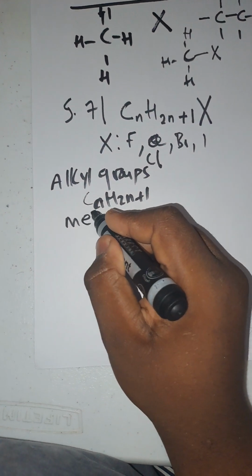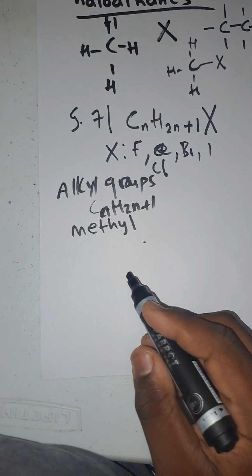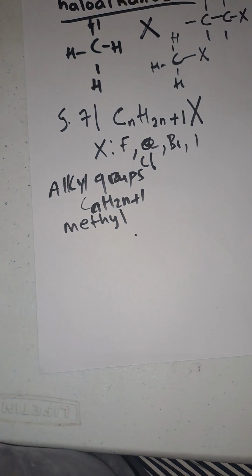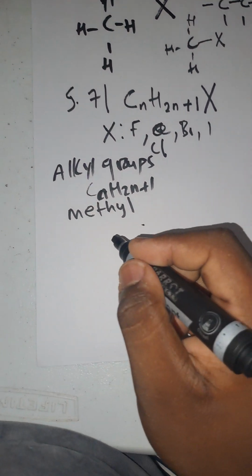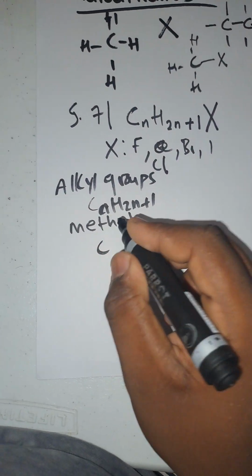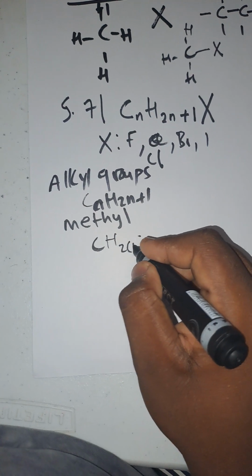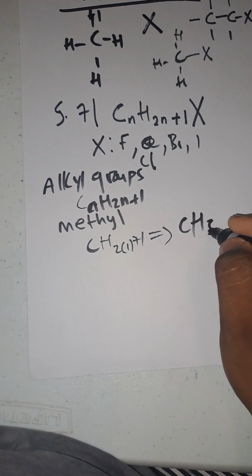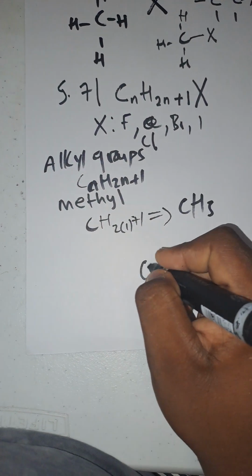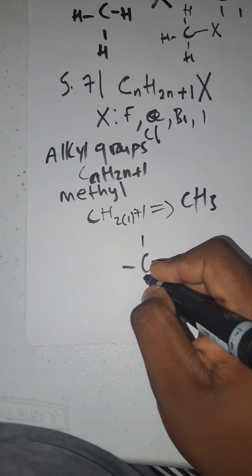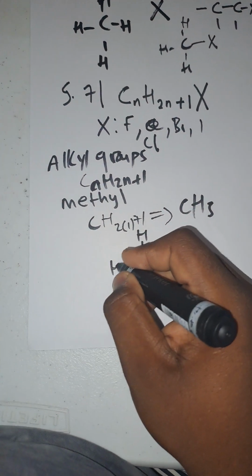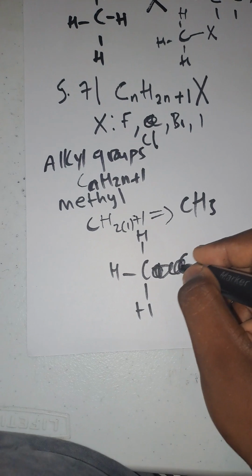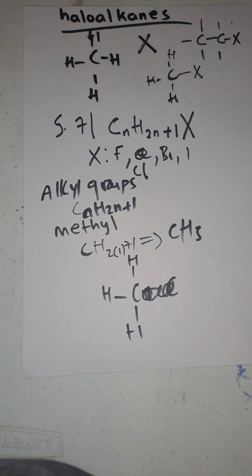So this one is methyl. Yes, this is the correct spelling. So that is the methyl group, with 1 carbon atom, then H2 times 1 plus 1, meaning that it is CH3, and it can be written like this. We have 1 carbon atom and 3 hydrogen atoms.